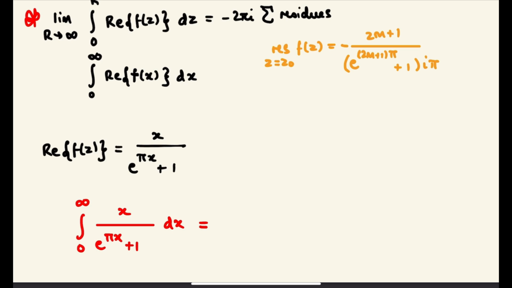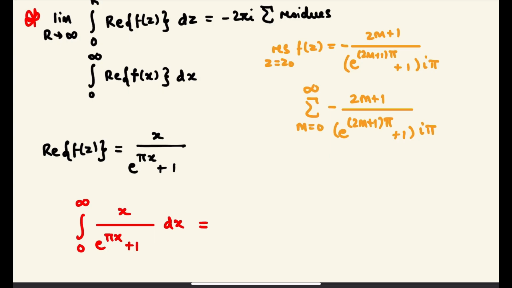The sum of the residues is simply the sum of minus (2m plus 1) on top, over e to the (2m plus 1) pi plus 1, multiplied by i pi, from m equals 0 to infinity.